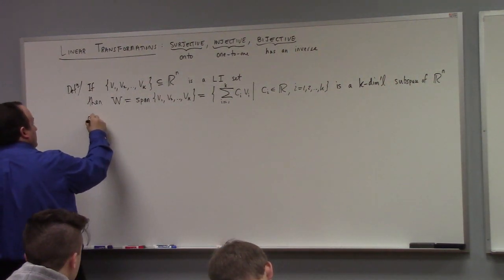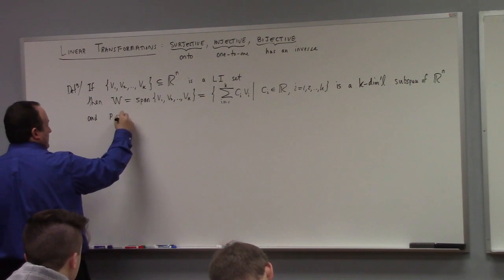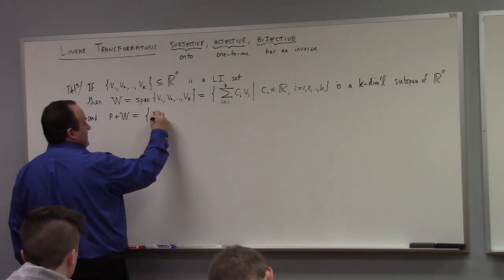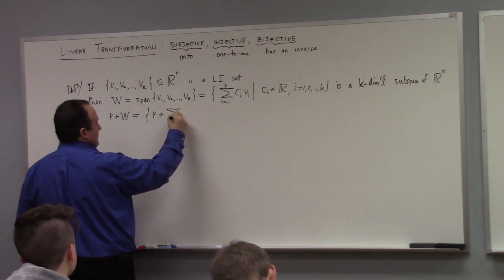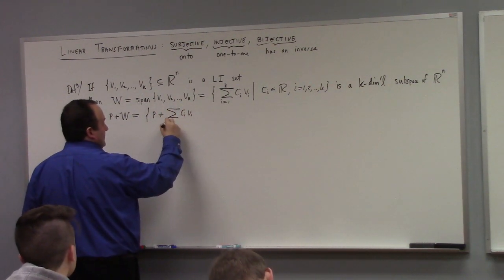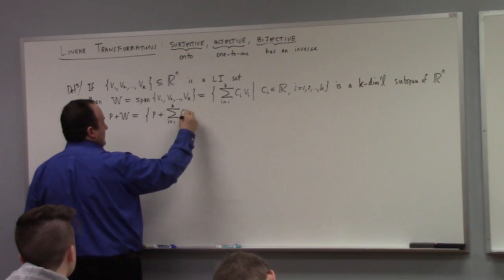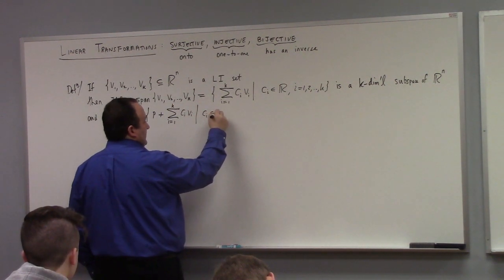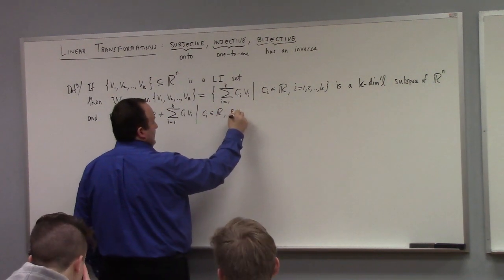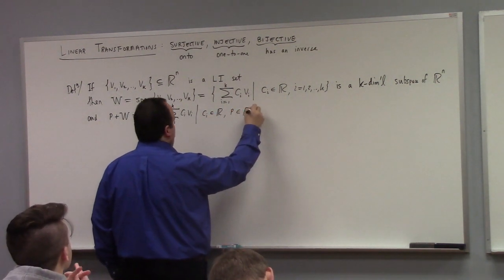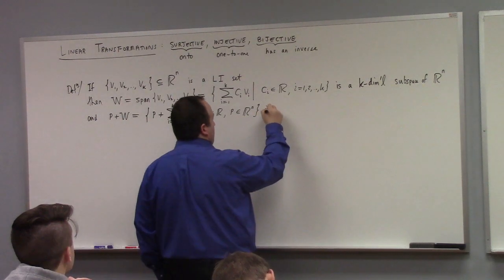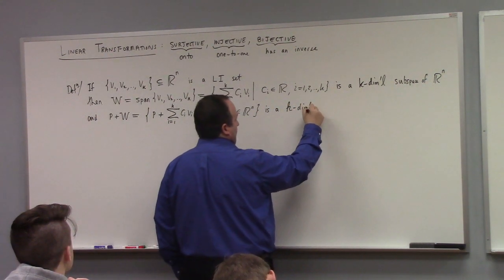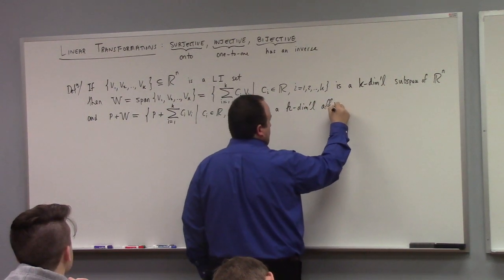And P plus W, which would be things of the form P plus the sum over c_i v_i, i equals 1 to k, again with c_i in the reals and P a particular n-vector, is a k-dimensional affine space.